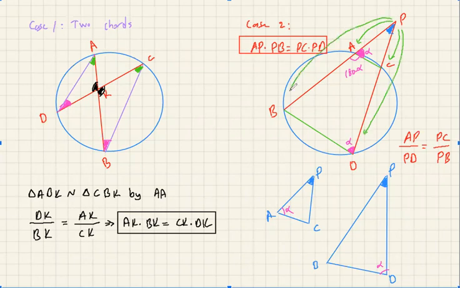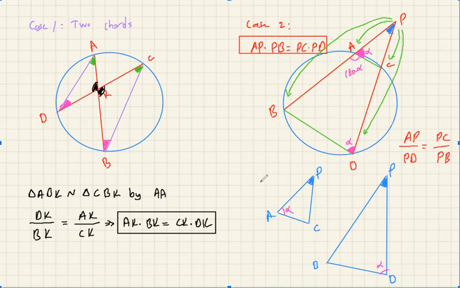If you remember it this way, it will be a bit easier. And this is the second case, where you have two secant lines. A secant line is basically a line cutting the circle at two different points. And we do have this relation.